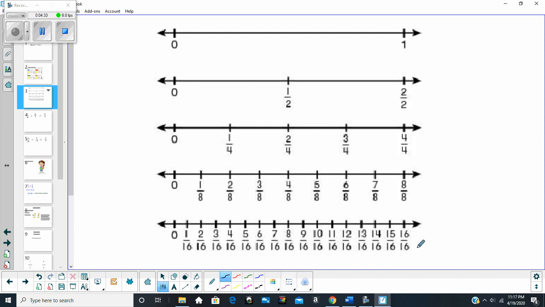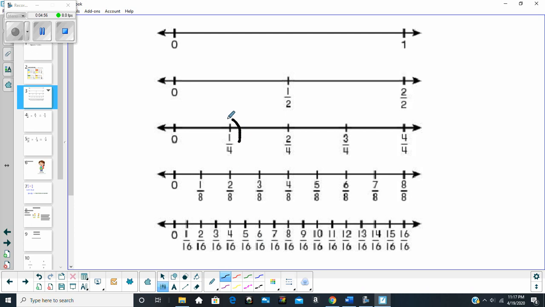Although our numbers are larger on the bottom, their portions are actually smaller. Okay? So let's remember that with fractions. The larger the denominator, the smaller the amounts. So we break these into equal parts of halves, fourths, eighths, and sixteenths.